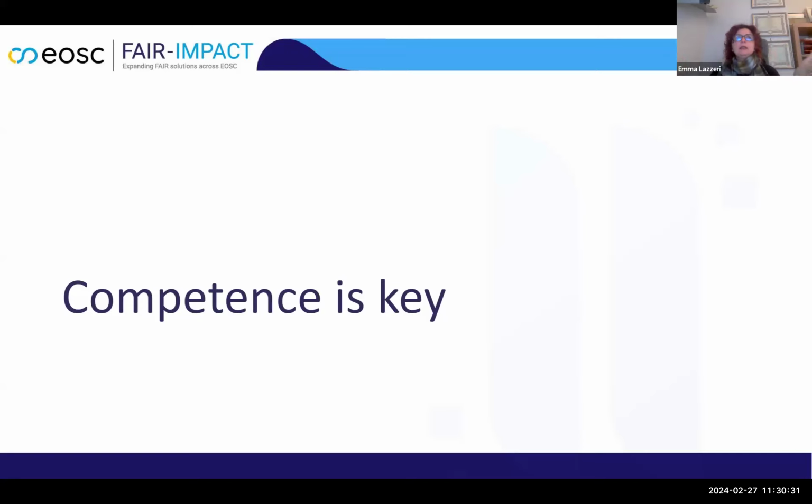In other contexts, the competence center is a network of people because they were starting this exercise bottom up. So it was really an answer to the needs of the community to have a point of reference where to find the specific competencies. This is, for example, the case of Italy. People kept trying to find open science and FAIR related competencies.